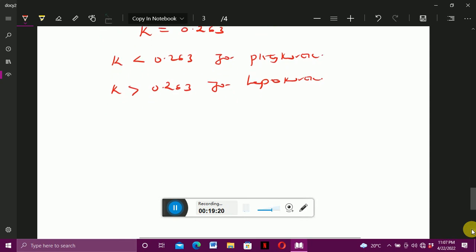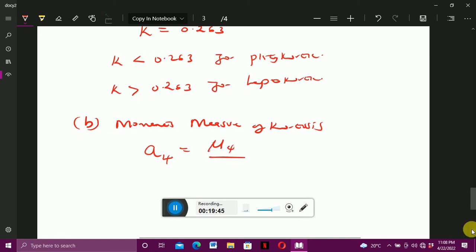Now the other measure is called the moments measure of kurtosis. It's given by A4, which is mu4 divided by mu2 squared. This is the fourth moment about the mean divided by the second moment about the mean squared.